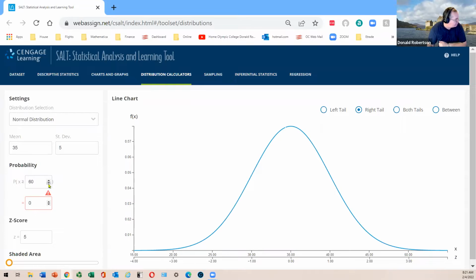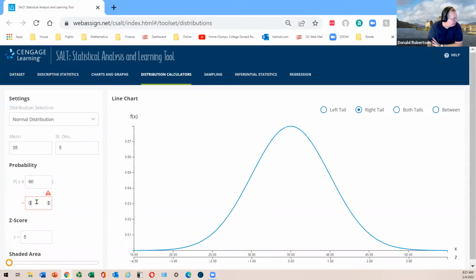Do you see that little warning sign and then the answer 0? You see that? That is saying that this answer is virtually 0. So evidently, nobody in Scotland over 60 plays golf.